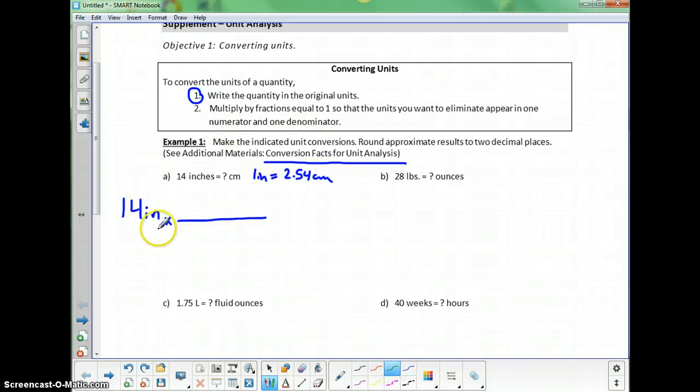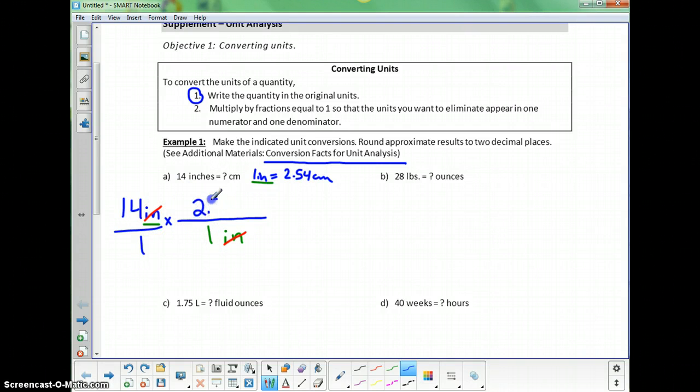So in this case, I want to get rid of inches. Since this is a fraction, whatever I put on the top of one fraction and the bottom of the other fraction will cancel. So you can see my goal here is to get rid of those units, inches, by using this fact.